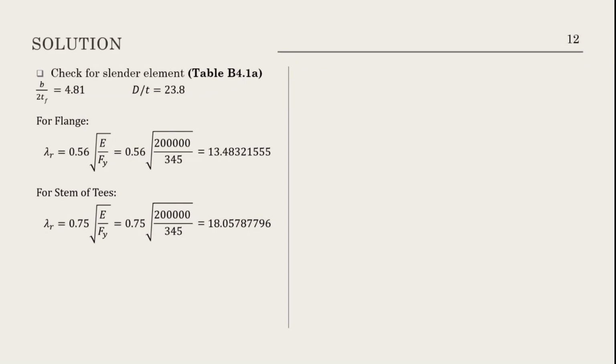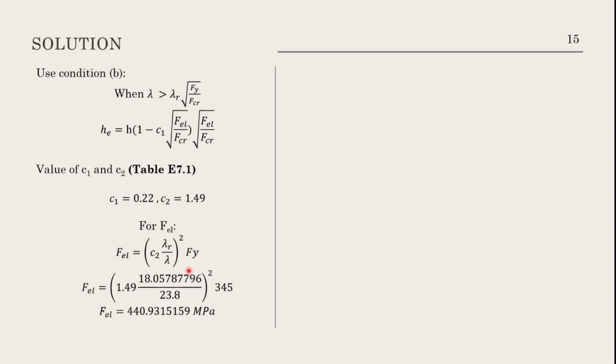So now we can compute that. Lambda sub r is 18 and lambda is 23.8. Substituting in the given formula, we can compute for FEL, and that is equal to 440.93 megapascals.